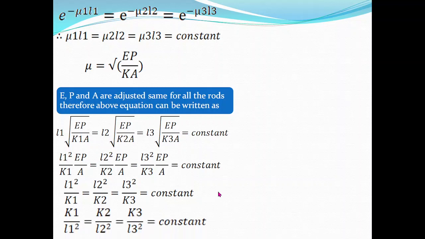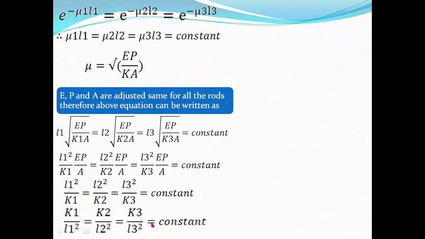Or we can reverse it: K1 upon L1 square equal to K2 upon L2 square equal to K3 upon L3 square equal to constant. So from this relation we can compare the conductivities of the various rods.